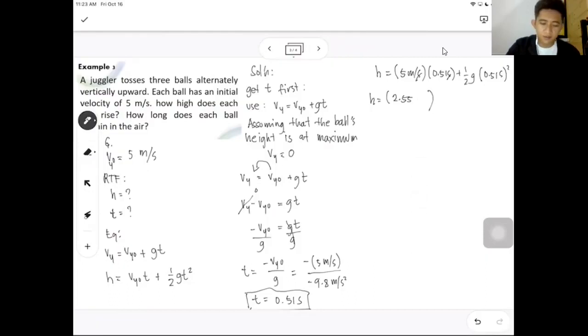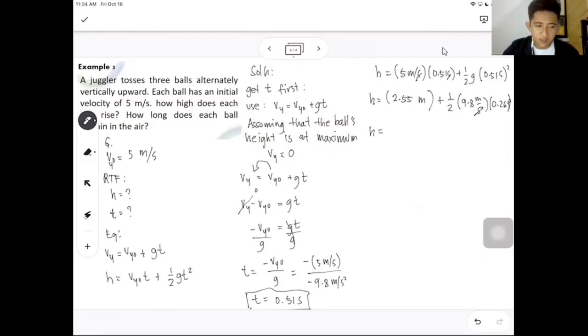Plus 1/2 times 9.8 meters per second squared times 0.26 seconds squared. So the seconds here will cancel.